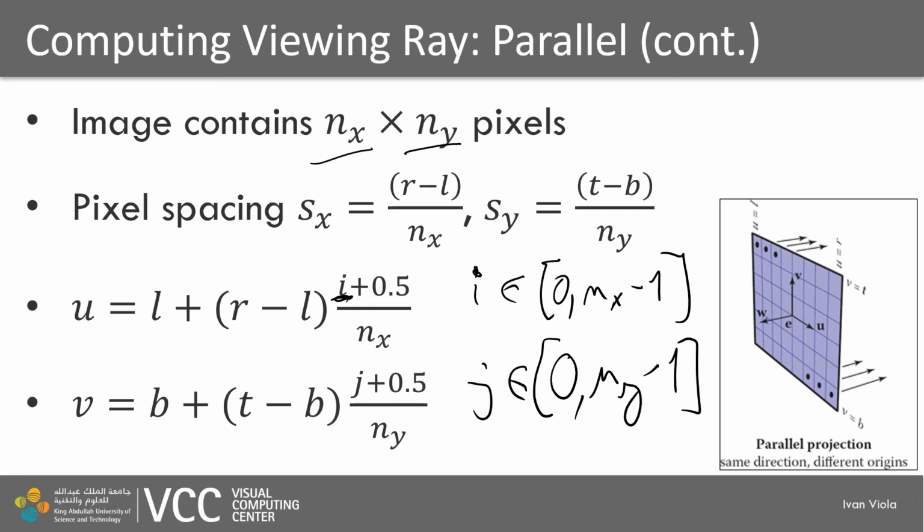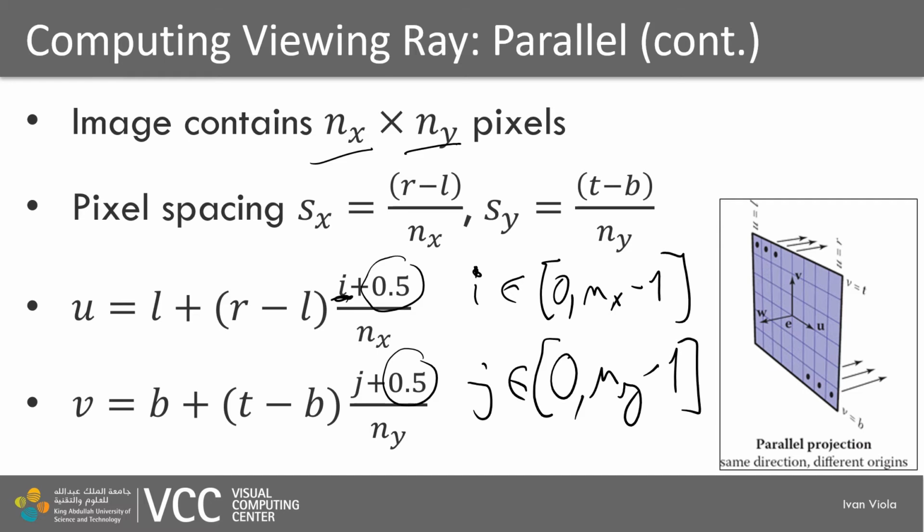Note that there is a magical value of 0.5 here. This means that we are offsetting our pixel position by half a pixel width from the border.